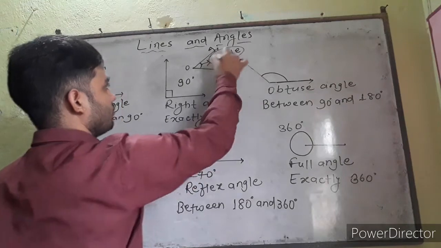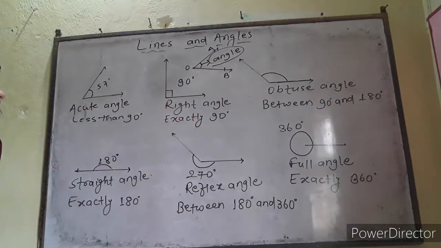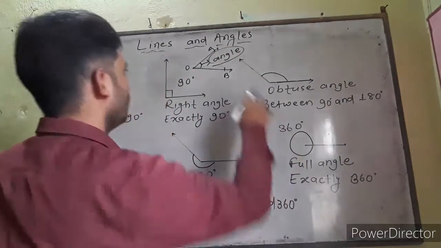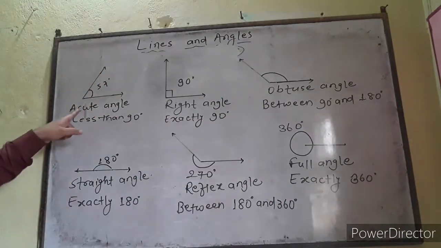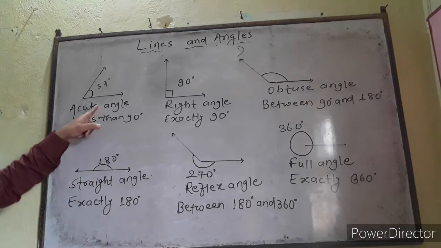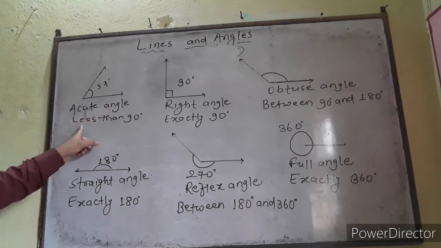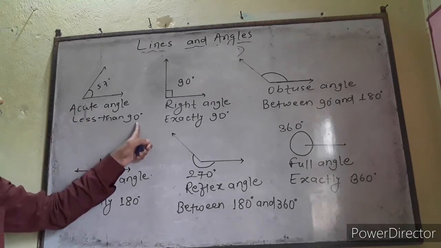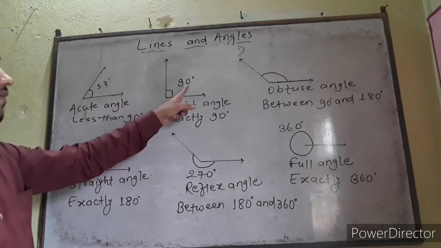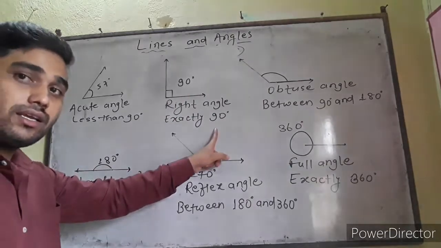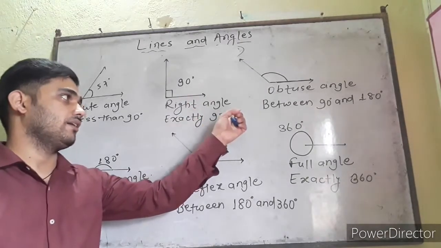Now I have shown different types of angles here. See, the first one is acute angle. When the measure of the angle is less than 90 degrees, it will be called an acute angle. When the measure of the angle is exactly 90 degrees, it will be called a right angle.